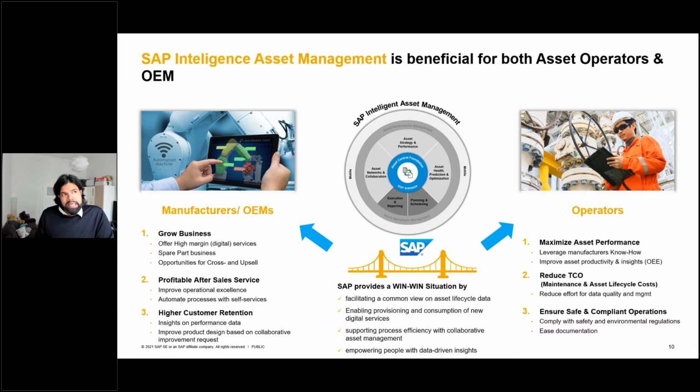So taking this wide gap, business need for both the OEM and operators, and the value propositions which are needed for both manufacturers and operators, SAP basically launched a solution portfolio within our digital supply chain to connect with your backend processes which are running in your ERP, in your plant maintenance, as well as have an oversight about your manufacturing and processes from the manufacturer's point of view to basically provide a digital twin of your assets.